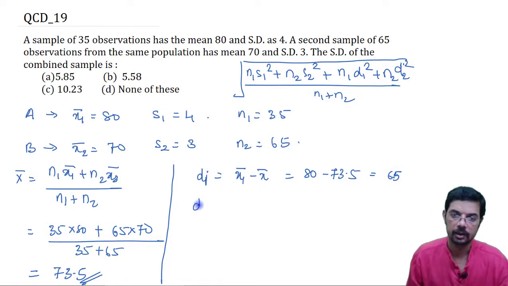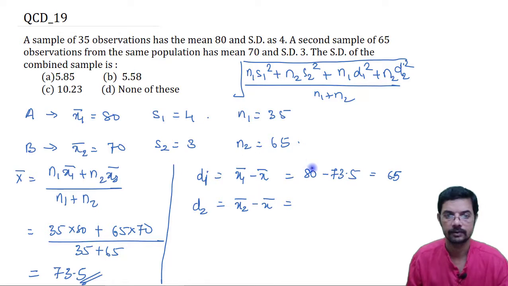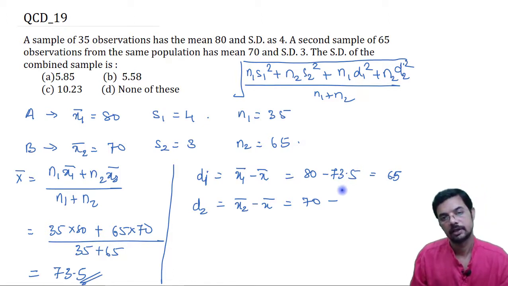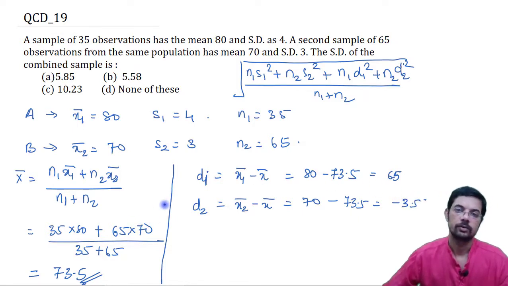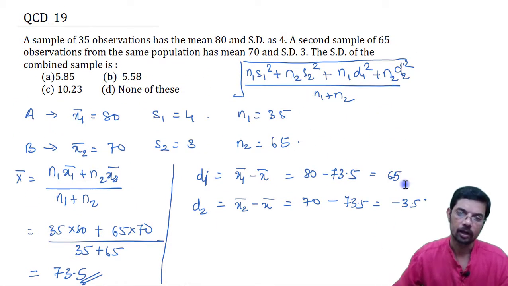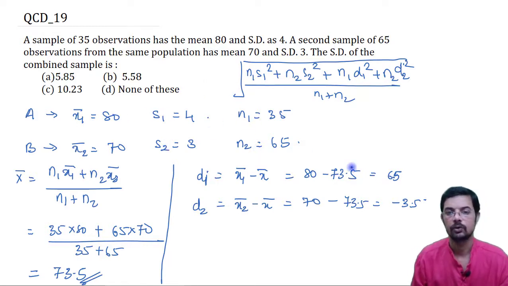And D2 is equal to X2 bar minus X bar, which is 70 minus 73.5, which is minus 3.5. So the combined standard deviation can be found using the above formula. We have all the values S1, S2, N1, N2, D1 and D2, so we shall just put the values here.